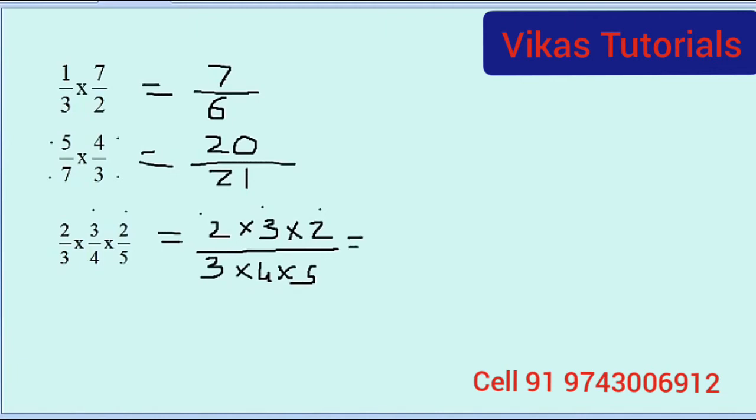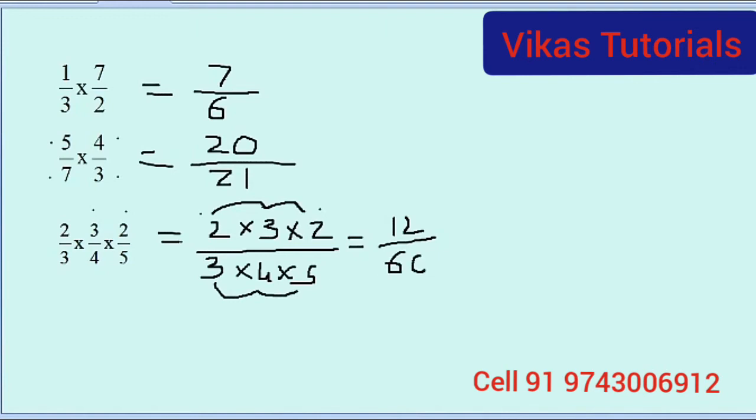So now multiply them. 2 into 3 is 6, 6 into 2 is 12, divided by 3 into 4 is 12, 12 into 5 is 60.